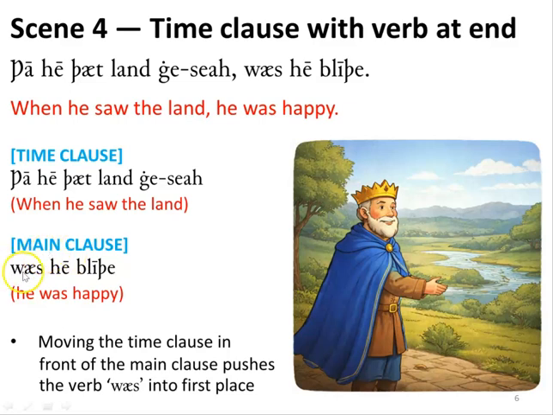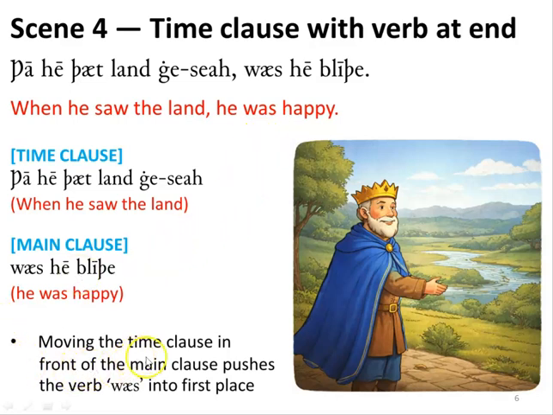And the main clause now becomes, you have to invert the subject and the verb so that you get here verb, comma, verb. Otherwise, you would have, he was happy, tha he that land gesaw. He was happy when he saw the land. But you want to emphasize when he saw the land. You want to put that first. So you get this inversion here between the subject and the verb.